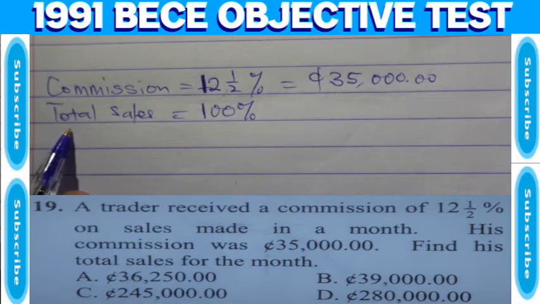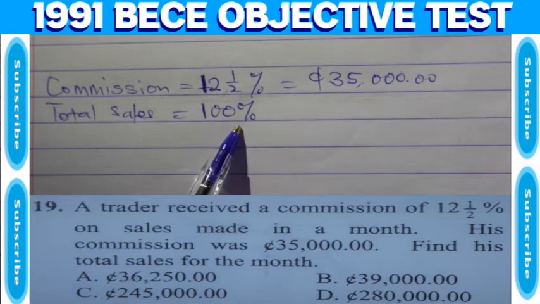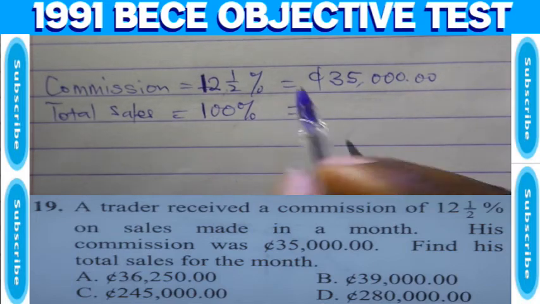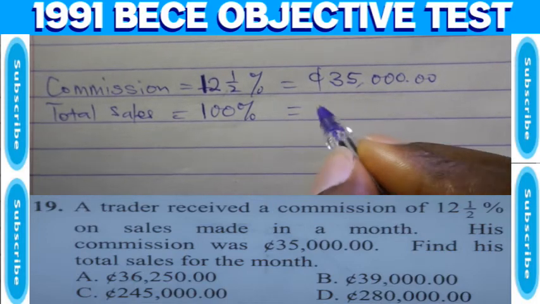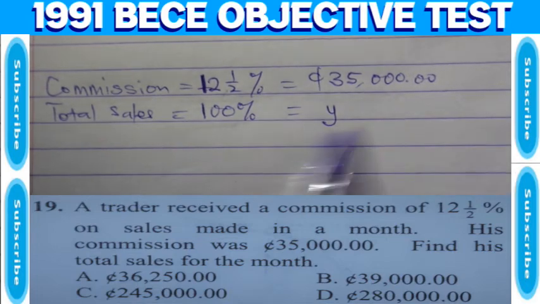So we need to find the total sales for the month, and the total sales represents 100%. What will be that total sales in monetary terms? For that, we don't know, so let's use a variable such as y to represent the total sales. From here, we use proportion.